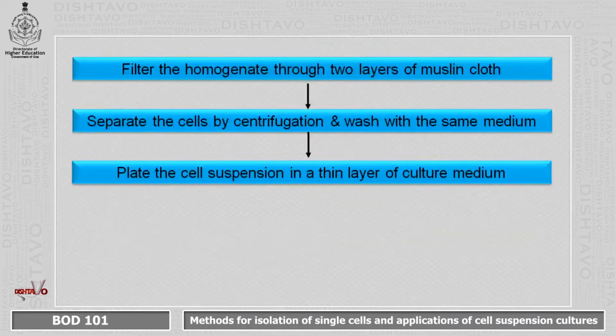Then filter the homogenate through 2 layers of muslin cloth. Separate the cells by centrifugation and wash with the same medium.